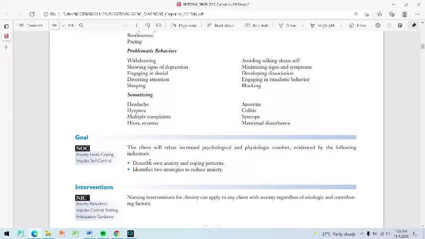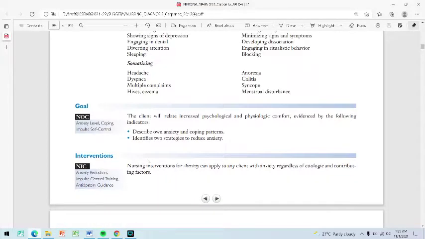Okay, this is the goal. Describe own anxiety and coping pattern. So we need to describe the level of coping for anxiety. This is the goal. Anxiety level, coping, and impulse self-control. So these are the outcome identification.